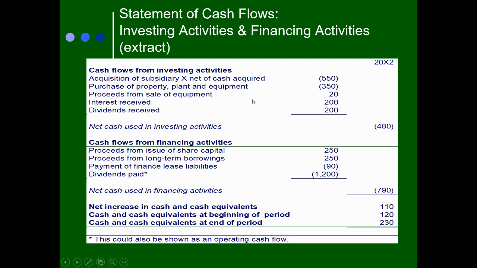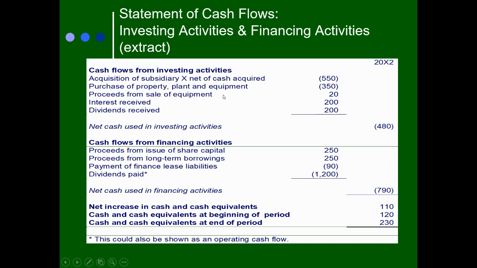Then this is proceeds from sale of equipment. This is actually the money received after calculating the loss and also depreciation based on the net value. This is the amount that is received, and this is interest received from investment activities and also dividends received from investment activities.